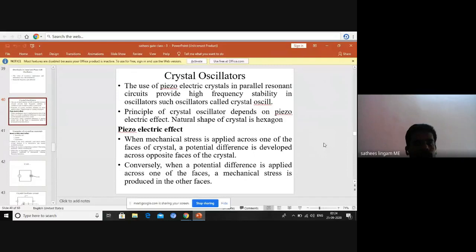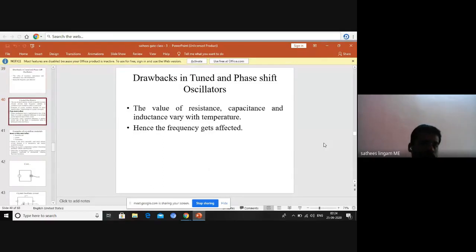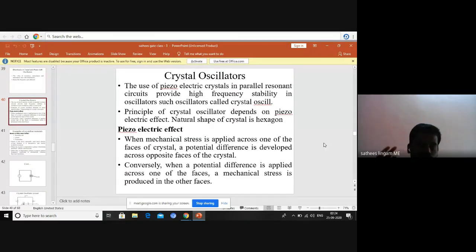We are preferring the device crystal. The crystal only we are going to use for creating oscillation. Mostly we are preferring the piezoelectric crystal for producing oscillation.